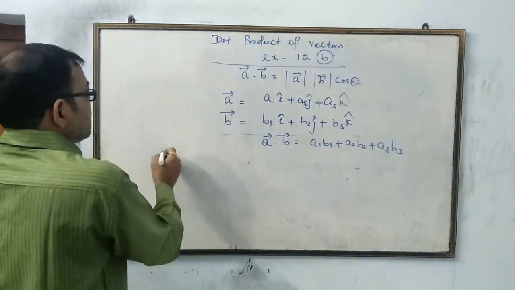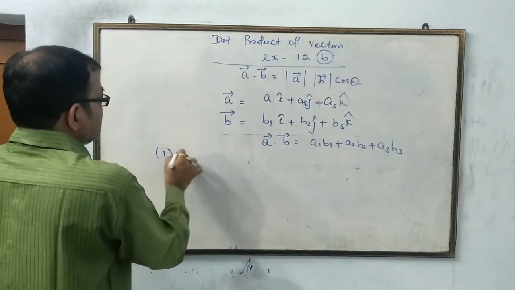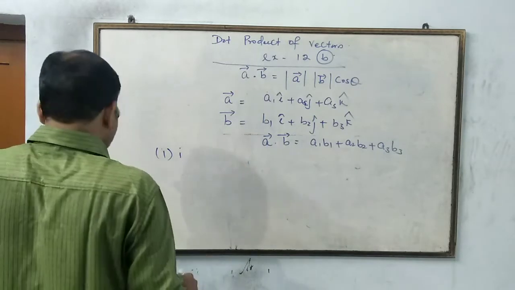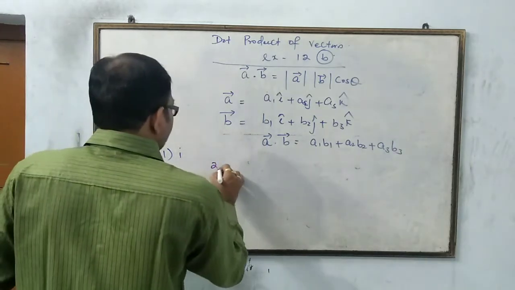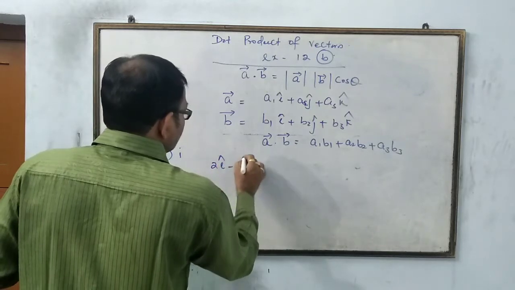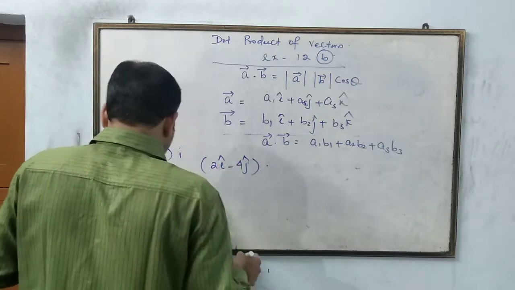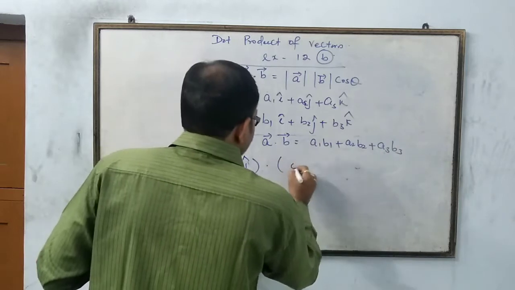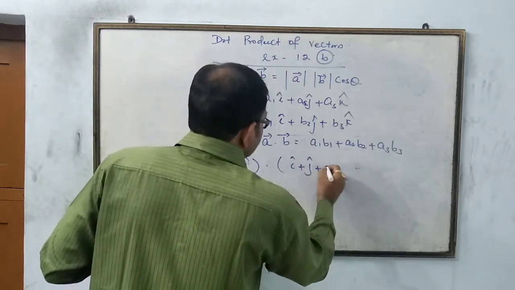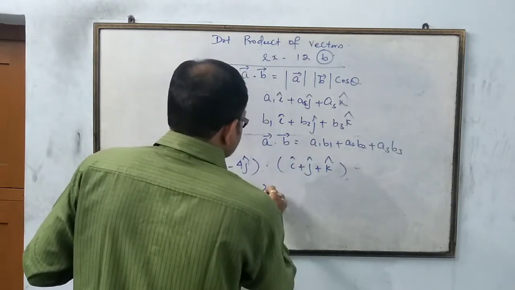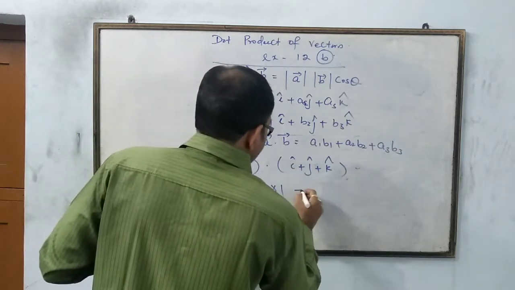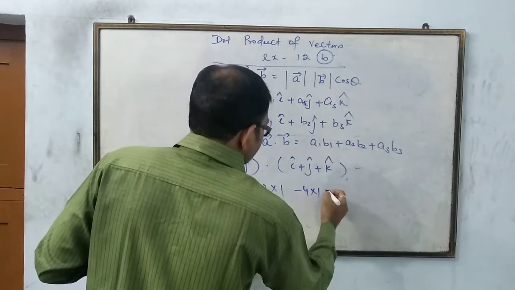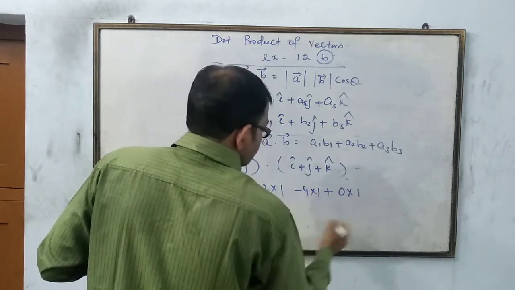Exercise 12b, the first question is on this concept. Question number 1. What is the value of 2i minus 4j dot i plus j plus k? It is 2 into 1 for i, minus 4 into 1 for j, but there is no k in the first vector, while here k is 1.